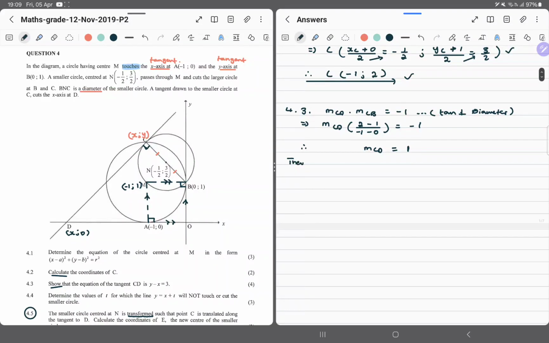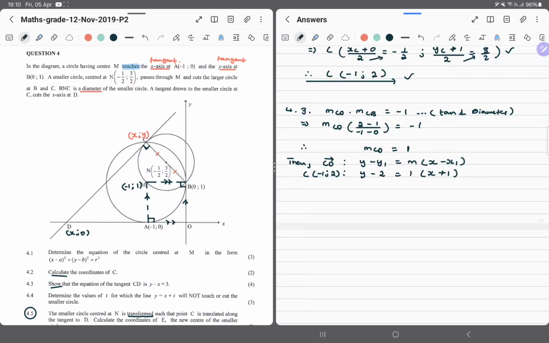Then I know that CD, line CD, is going to be such that y minus y1 equals m into x minus x1. I'm going to use point C, which is the point through which this line passes. Then I substitute: y minus 2 is equal to the gradient 1, into x minus minus 1, which is going to be plus 1.